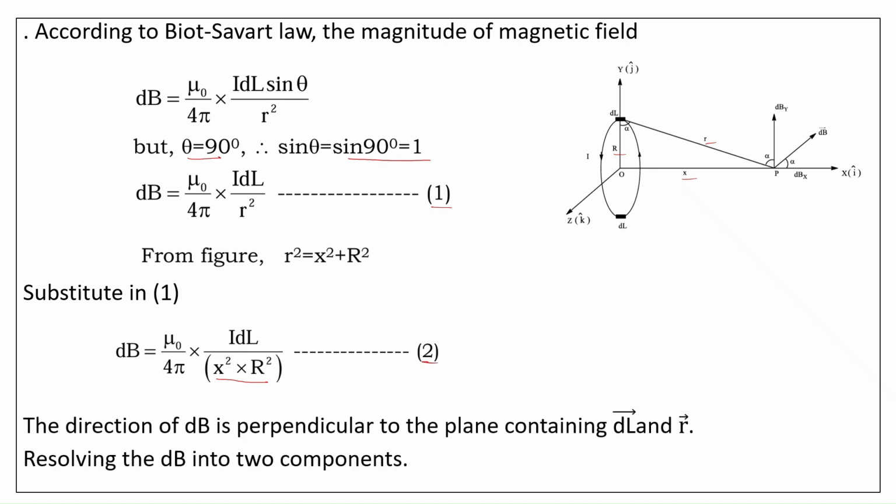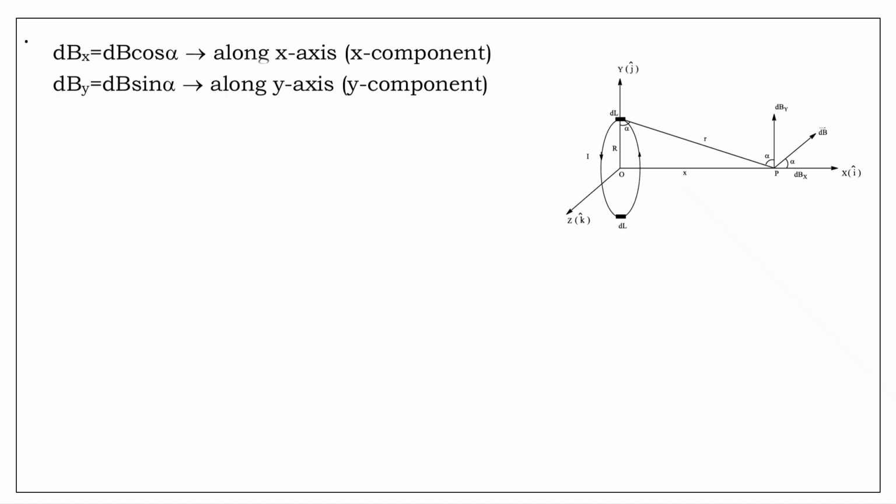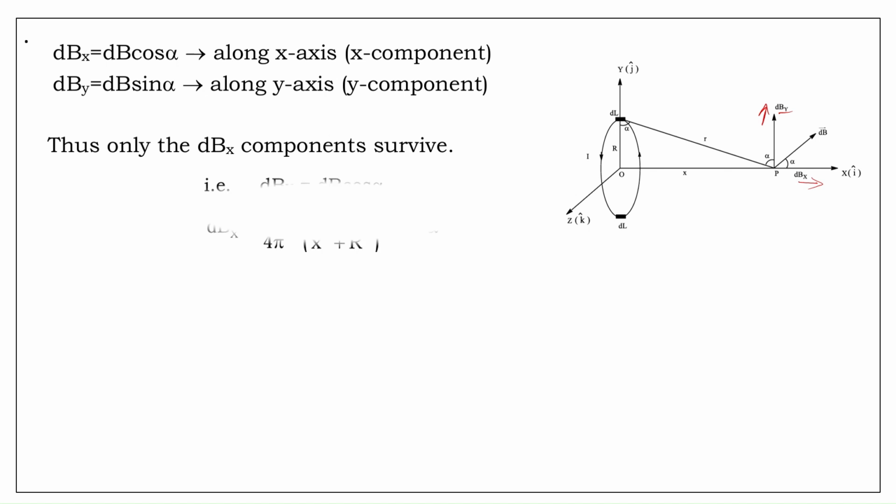The direction of dB is perpendicular to the plane containing dl and r. On resolving dB into two components, dBx is equal to dB cos alpha, its x component along the x-axis. dBy is equal to dB sin alpha, its y component along the y-axis. Thus, only the dBx components survive.